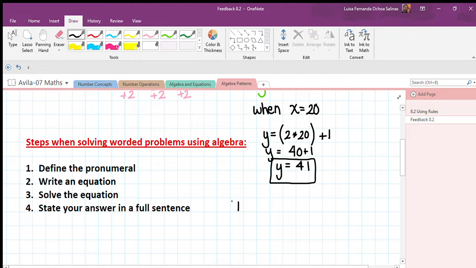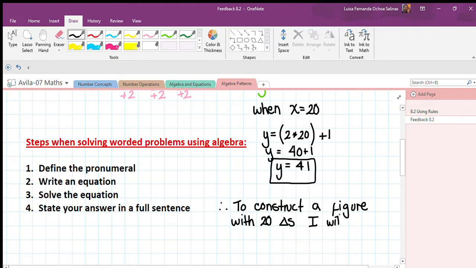So we can write, therefore, to construct a figure with 20 triangles, I will need 41 sticks.